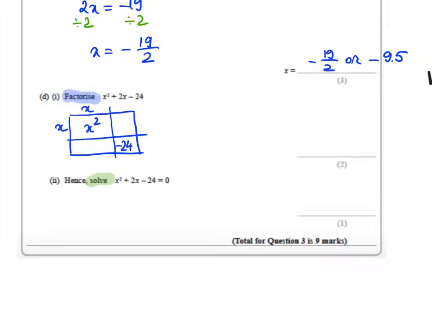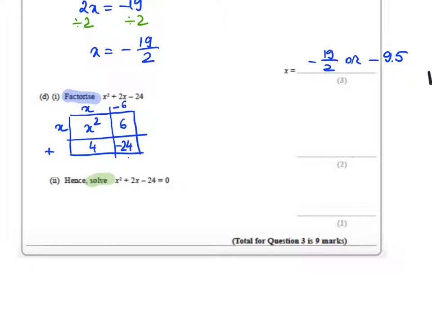So I'm going to try numbers which multiply to minus 24. One needs to be negative, one needs to be positive. And the sum of the two areas here needs to be 2x. 6 and 4 multiply to 24 and are 2 apart. So 6 and 4. So if I put minus 6 here, I'm going to get negative 2.